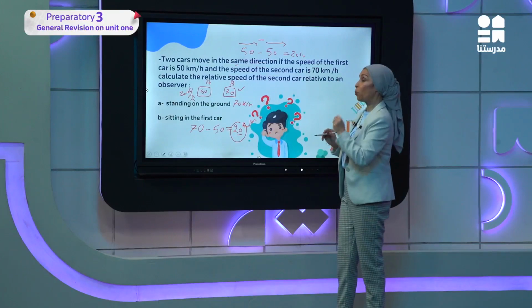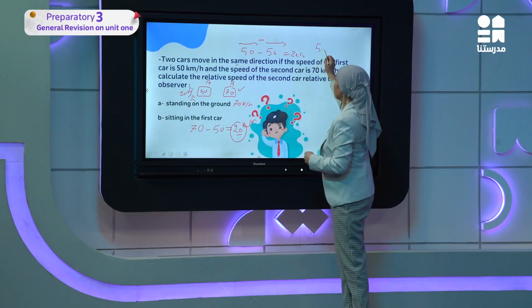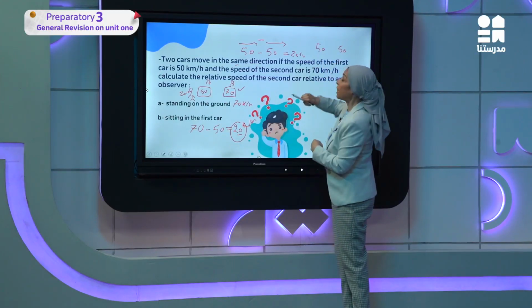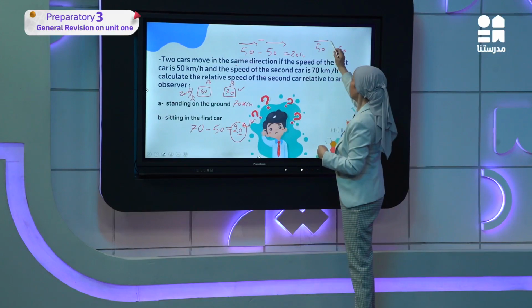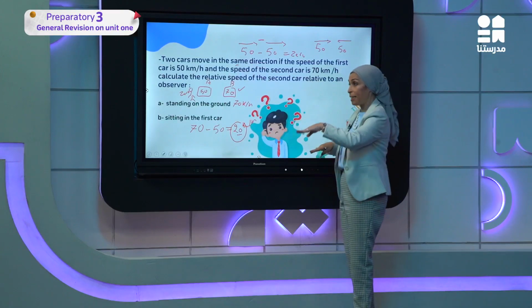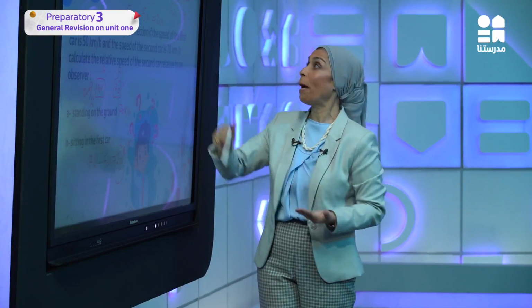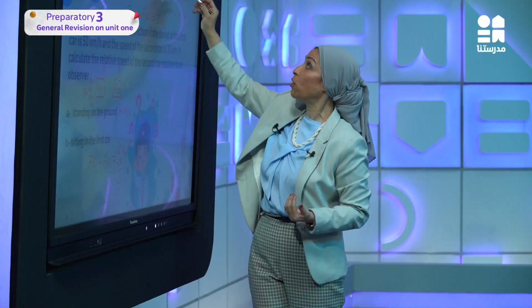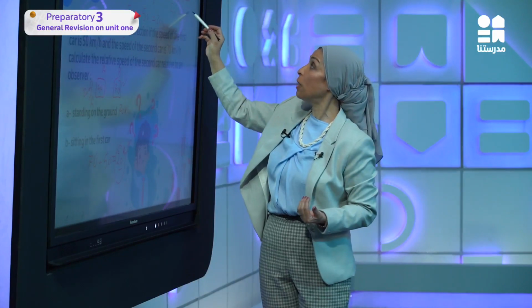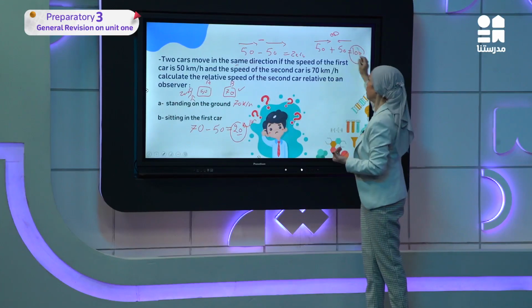طيب in the opposite way if the two cars are moving برضو the same speed but in the opposite direction, one moving in this direction and the other one moving in the other direction على highway, but I am in this lane and the other one في the opposite direction of me. طب what I'm going to see here, in this case we are going to add the two speeds together, بعمل addition, opposite direction addition, so the total speed here أو the observer will see the speed is double the speed.